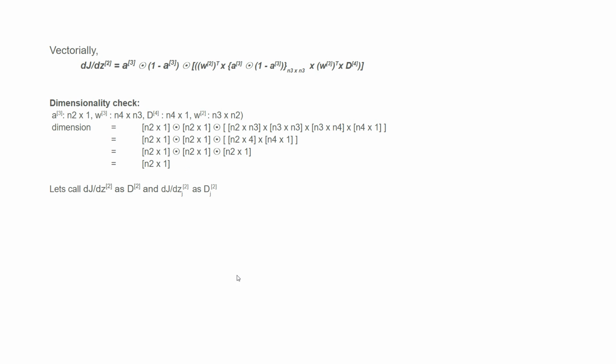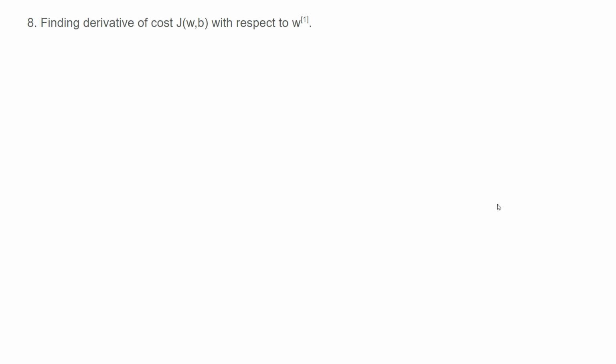Let's now call dj by dz2 as d2, and dj by dzj2 as dj2. Finally, for i from 1 to n1 and for j from 1 to n2. Since W1 is of size n2 cross n1, we are differentiating cost j with respect to each element.